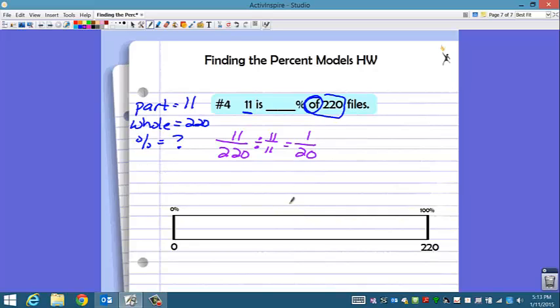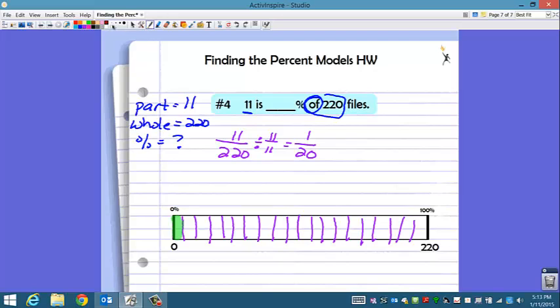I don't think we'll need to do the whole thing because we only want 1/20th. But if I were to split it up, okay, that's into tenths, and then I divide each 10 into half. And that will give me 20. And I'm going to shade just one because I'm only looking for 1/20th. So I've modeled 1/20th.